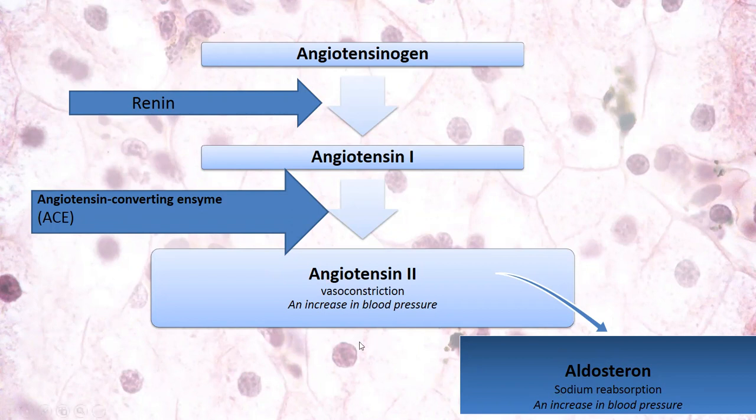The main results of the release of renin are vasoconstriction, which results in an increase of blood pressure, and aldosterone also increases blood pressure. And here we can see the mechanism of how kidneys regulate blood pressure.